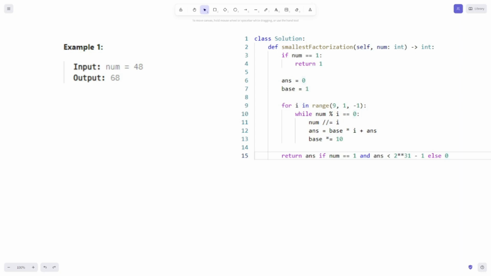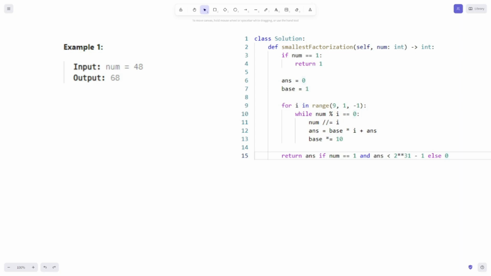This just checks if we have found a valid factorization integer. If we have found one, we can then divide num by it. So then num divided by this I will be the first value that we can add to answer. So answer becomes base times I plus answer.